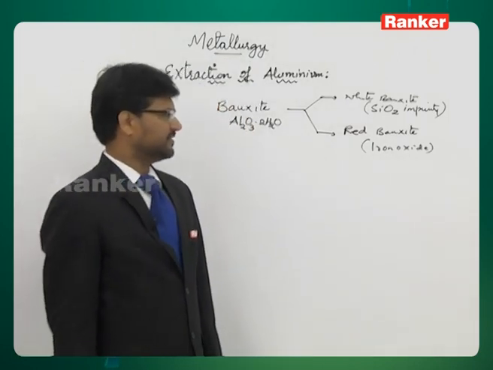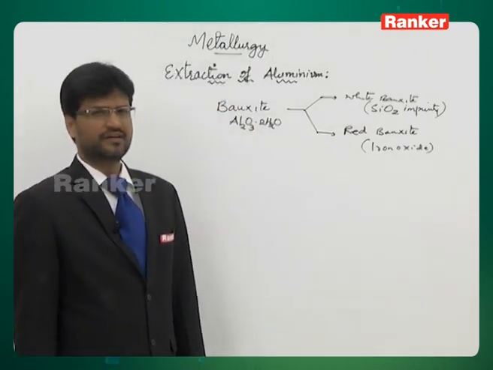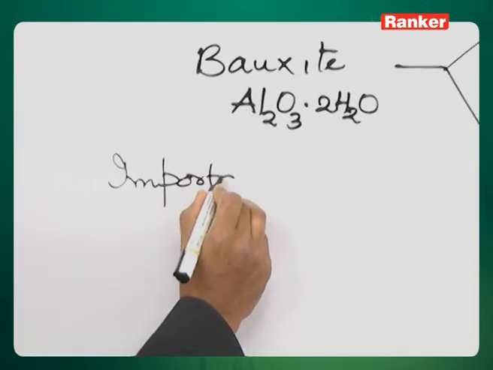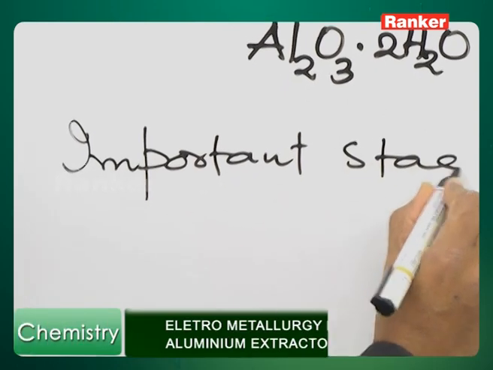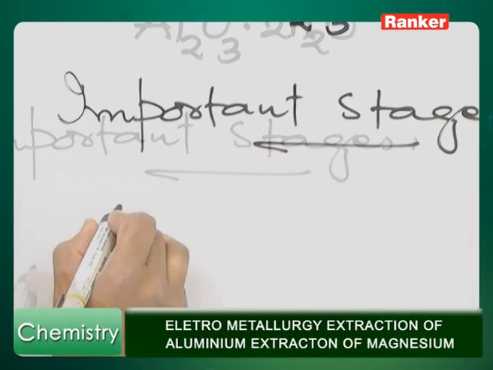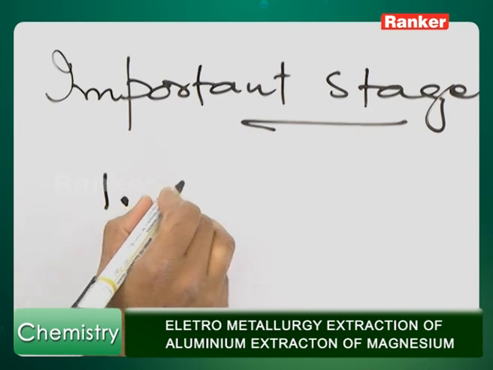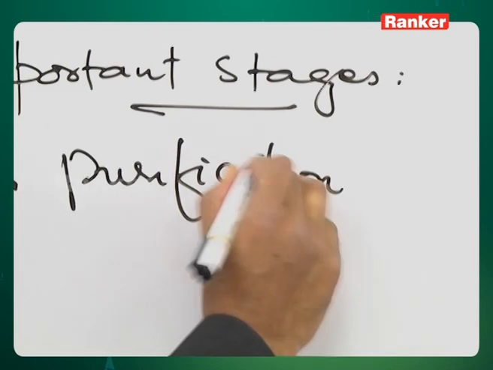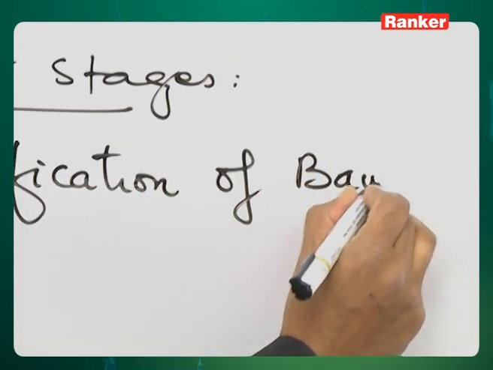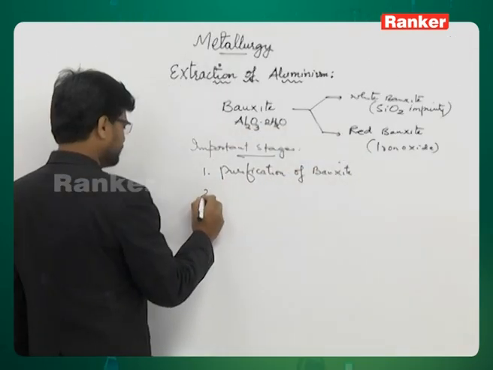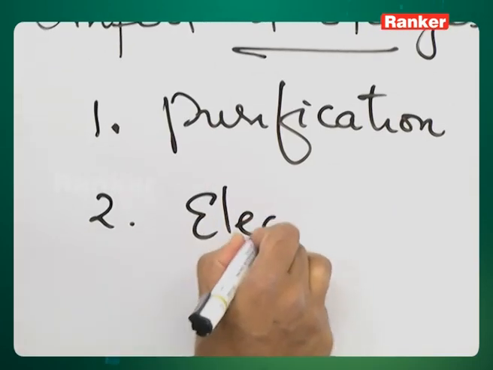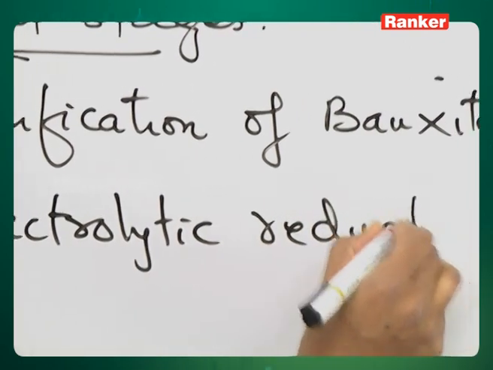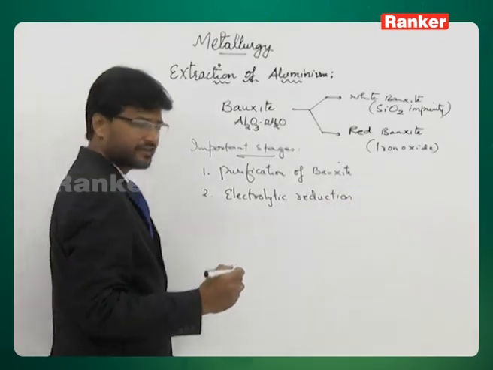So the very first step in the extraction of aluminium from bauxite is the purification of bauxite. The important stages in the extraction of aluminium are: number one, purification of bauxite. Number two, electrolytic reduction of Al2O3, alumina. This is the reduction stage.